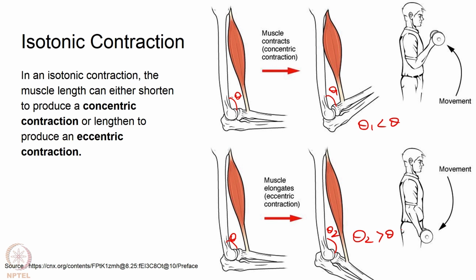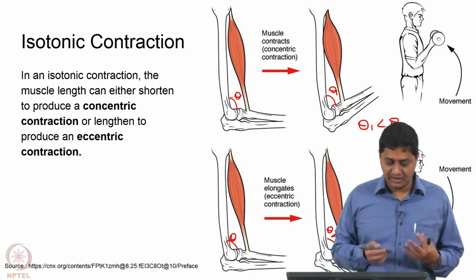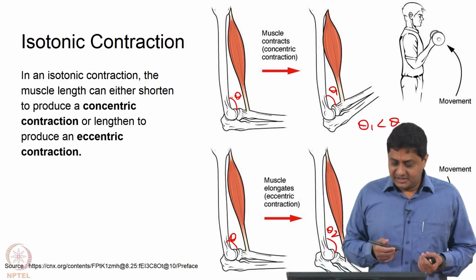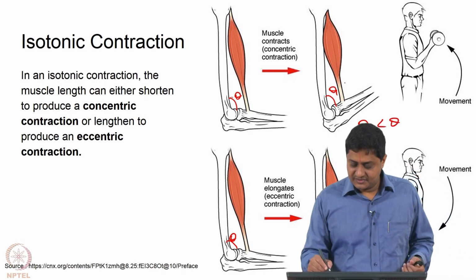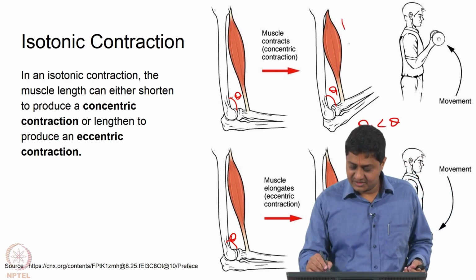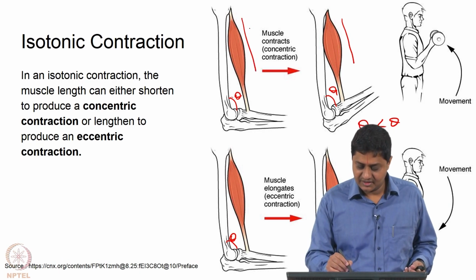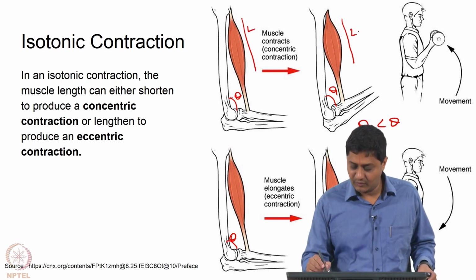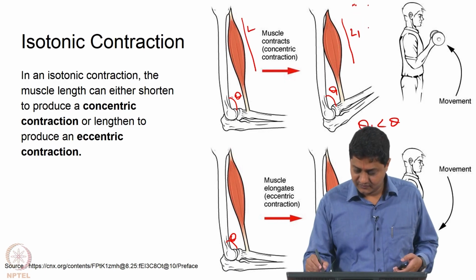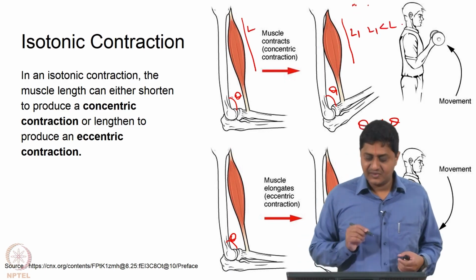So, I could keep it at an angle and extend, or I could keep it at an angle and flex. When the muscle is shortening and producing a force like in this case, its length is reducing. Earlier it was some length L, now it is L1, where L1 is less than L.